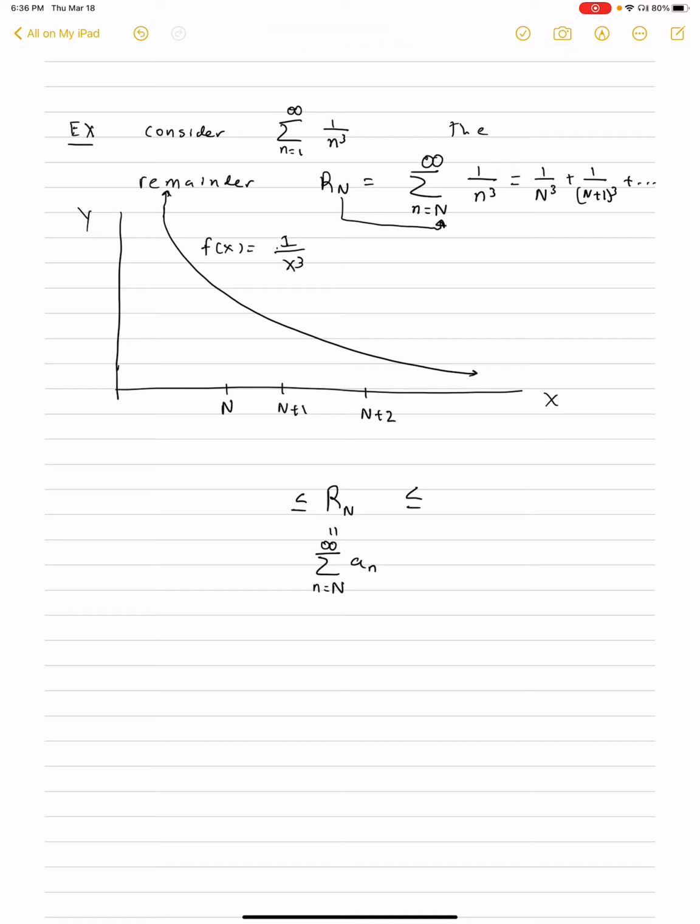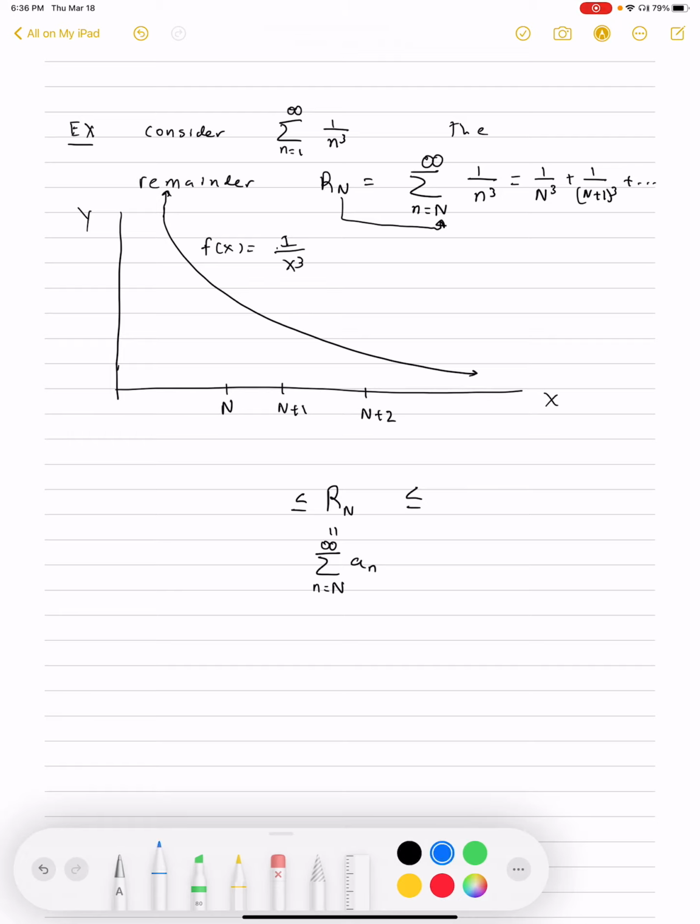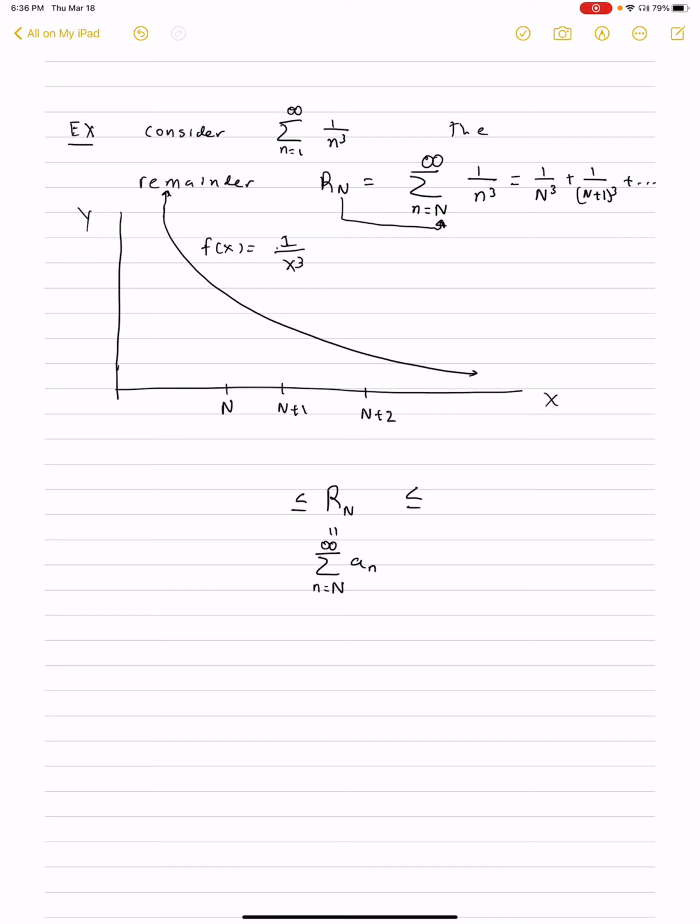So let me put this in color. Let me color code this. One of them I'll do in blue. So if I look at n, n plus 1, and I inscribe this rectangle, it starts at n and goes to n plus 1. We should notice, hey, I'm using right endpoints.